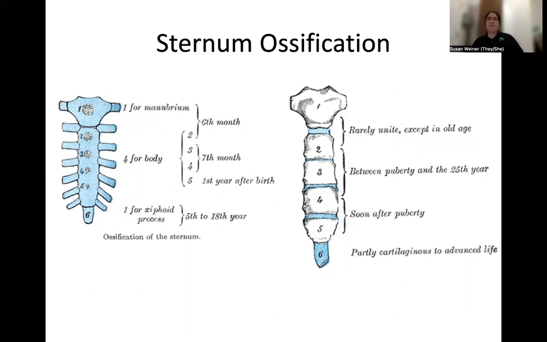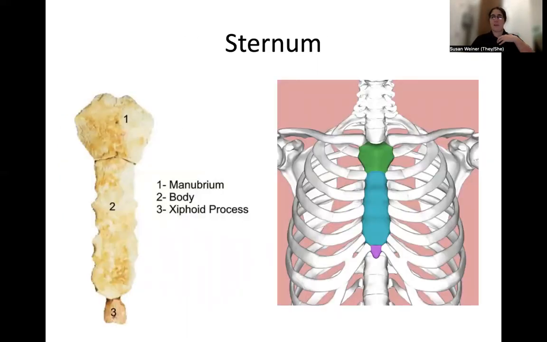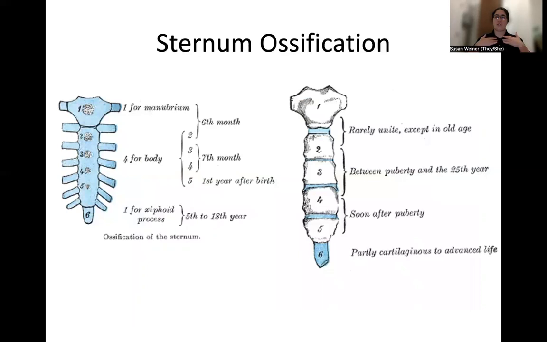The manubrium and the body actually have a cartilaginous joint in between them that, if you sort of stretch back, there's a little bit of movement in there, and that allows some of that flexibility. The sternum itself begins fusing together around puberty.